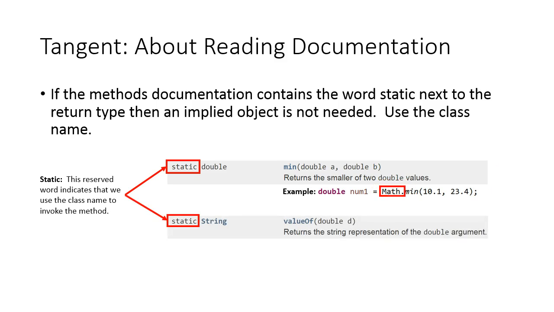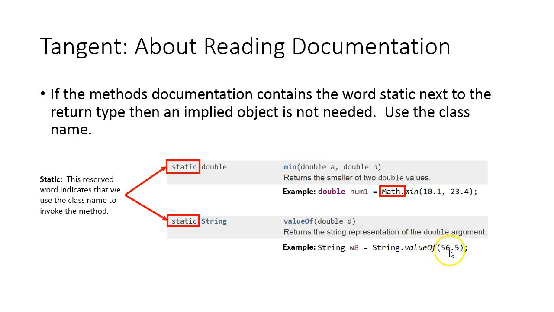Now, some students, when they're learning this, will say, I know all the Math class methods are static, so it's always Math dot, and then they'll say all the String class methods are non-static, but it turns out there are actually a couple static methods in the String class, and this is one of them, valueOf. So if I was to invoke this method, I would use the name of the class, String.valueOf(56.5).